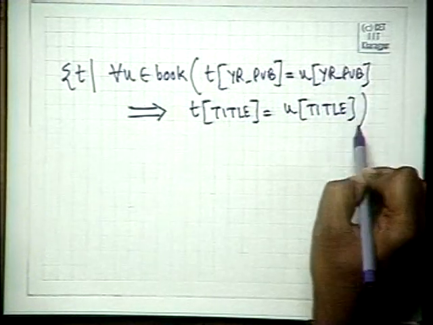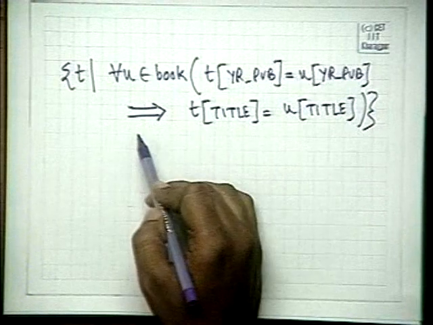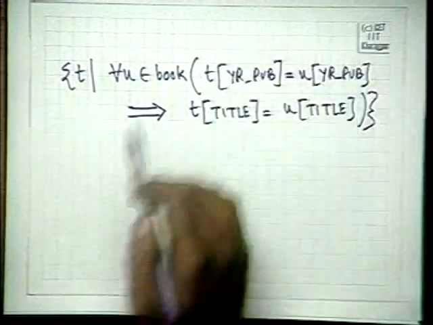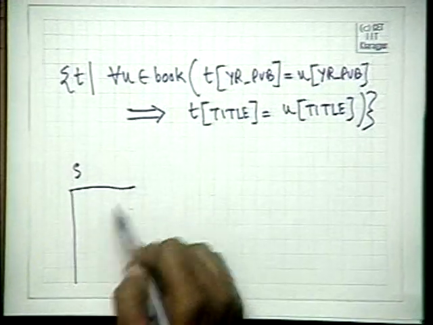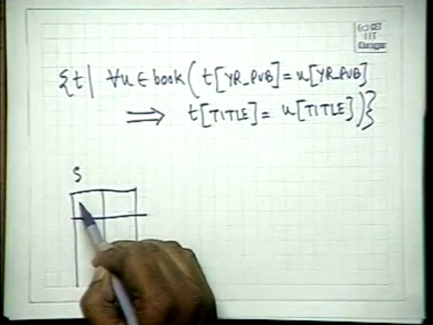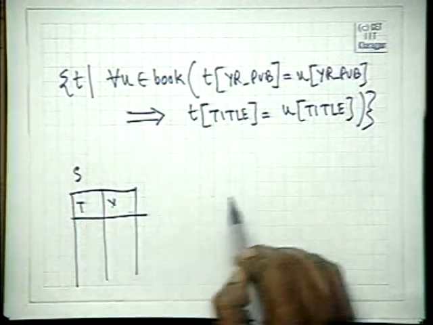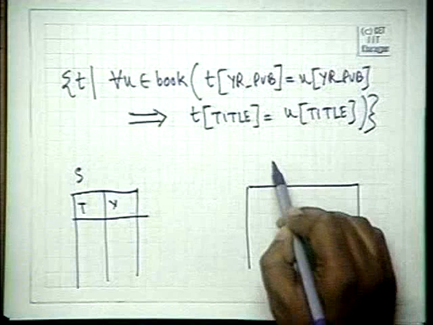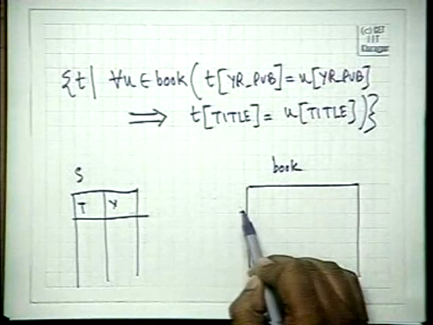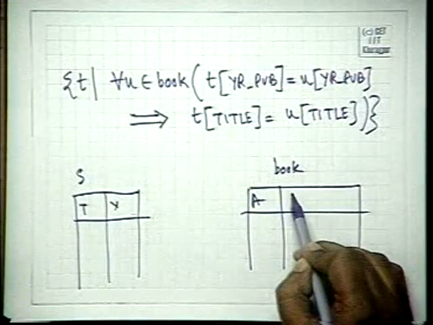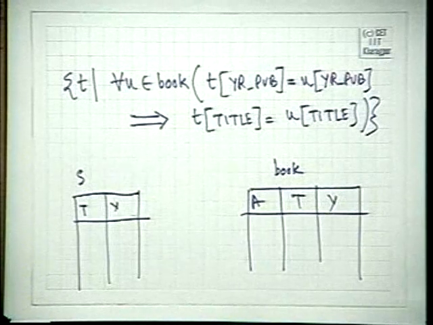that is, I have replaced the and by the implies, then it means that in S I will have two attributes, title and year of publication, and in book I have got three attributes, accession number, title and year of publication.